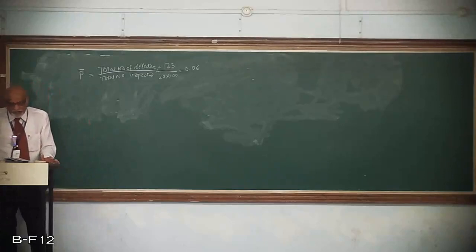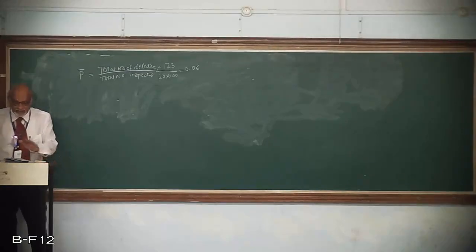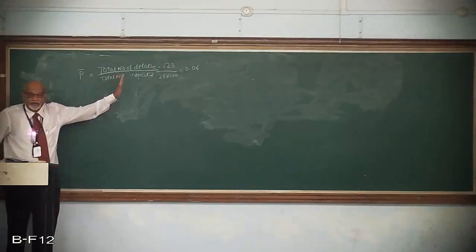Because it varies from 3 to 12 defectives, all the points fall within the control limits. This is the answer for this part. I have just read out and put certain figures over here.